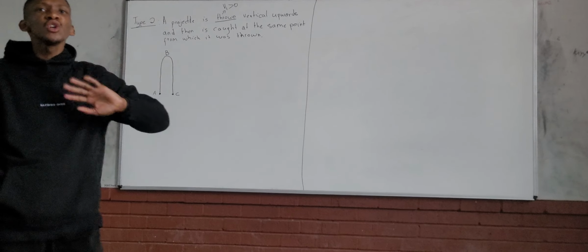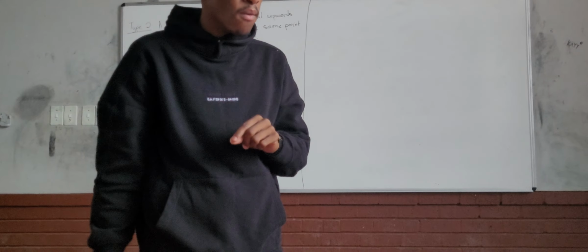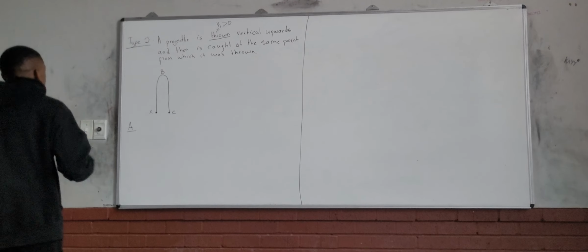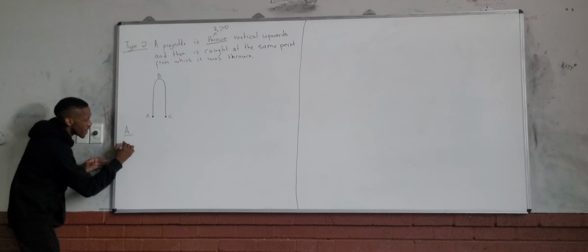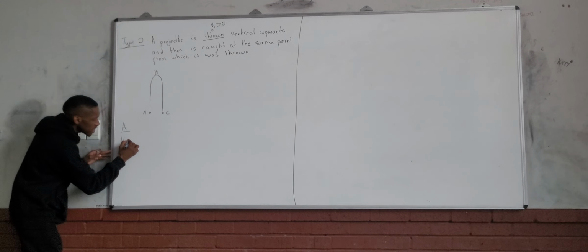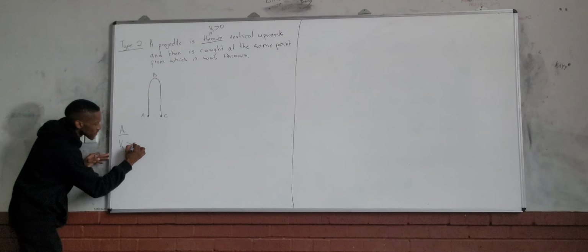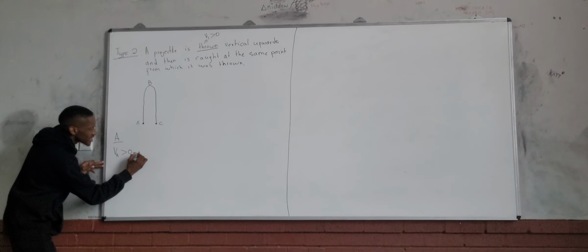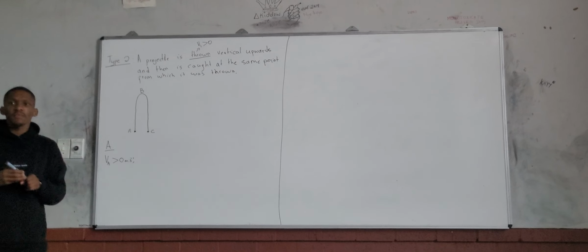So I don't want to commit myself this early. So I will say velocity at A is greater than 0 meters per second.